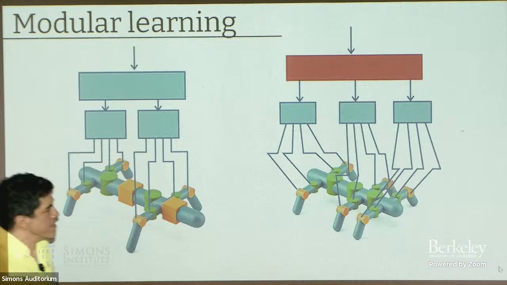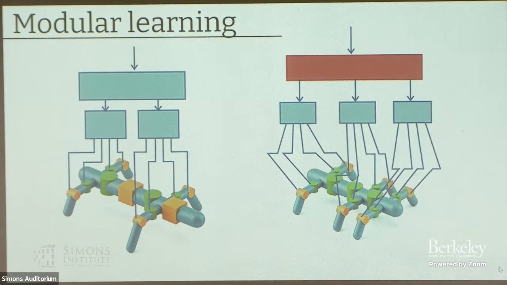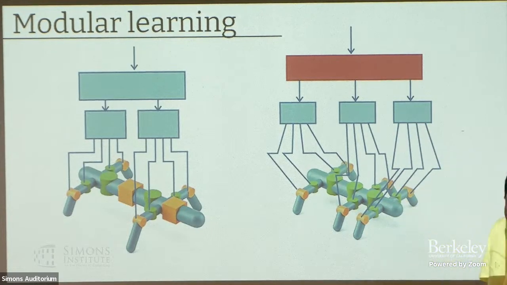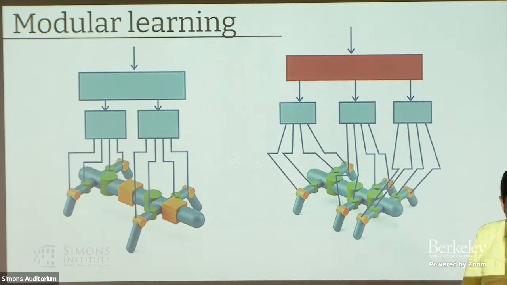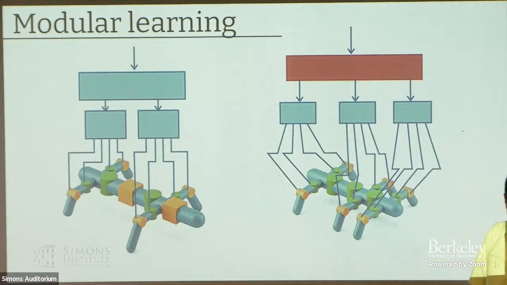Then I could reuse this module for this robot, right? Sure, I have to retrain the main controller, but the main controller is simpler. It only has to send these high-level commands to each one of these modules, and it doesn't have to deal with the low-level details of how to actuate each one of these legs, especially if the legs become more complicated.